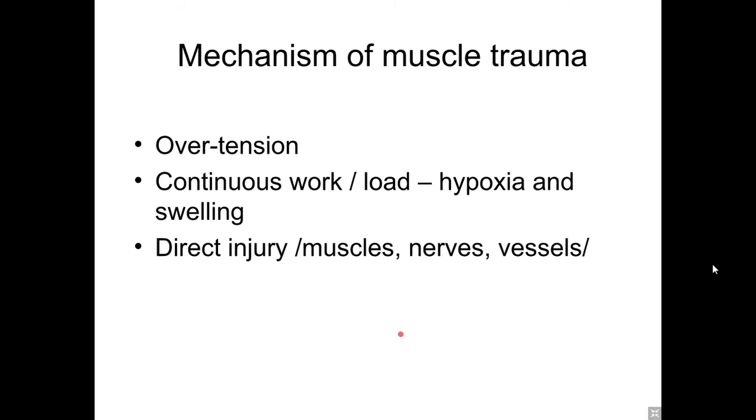If the muscle cells are not well perfused, there will be a collection of acid products. Those acid products will destroy the tissue, and this will be the reason for a muscle tear.